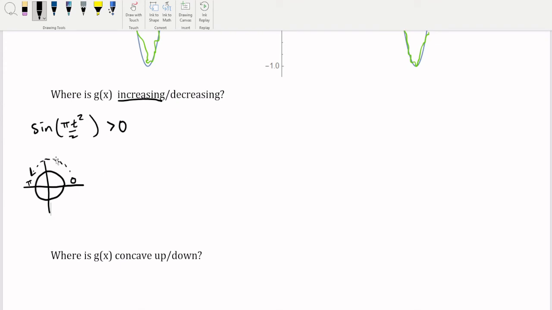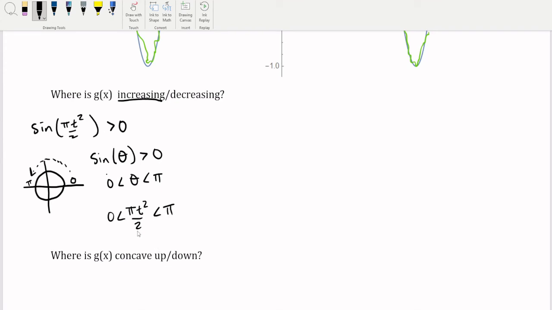But be careful, that's just regular old sine. So sine of theta is positive when theta is between 0 and pi. But we don't have just a regular theta, we have pi t squared over 2. So we need to figure out when that's happening.